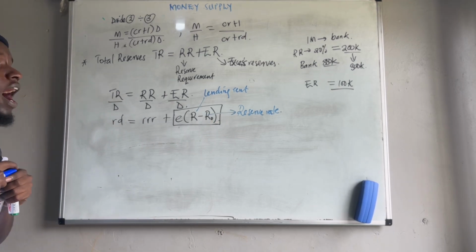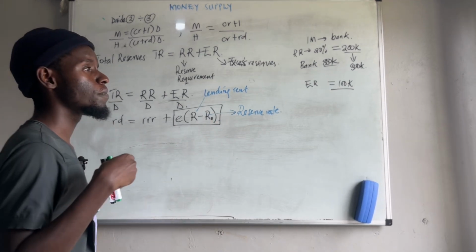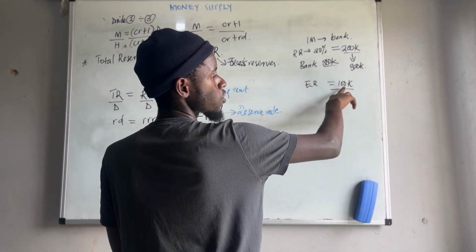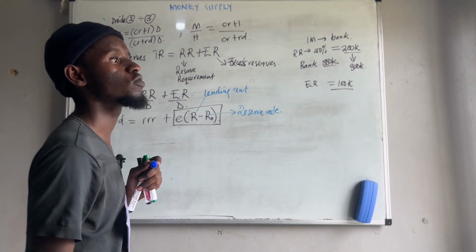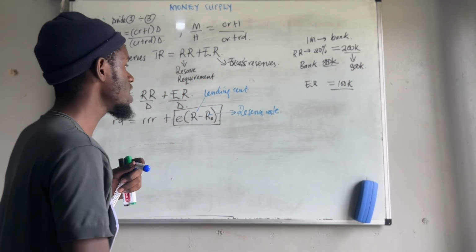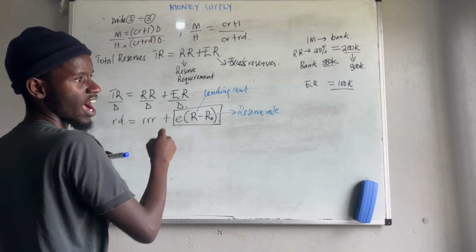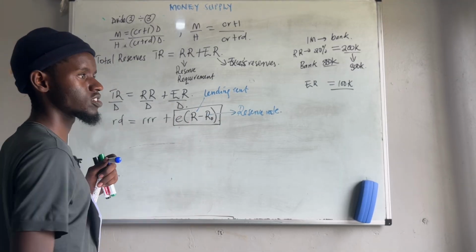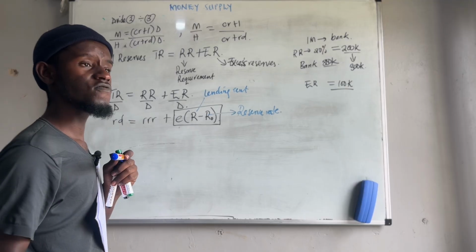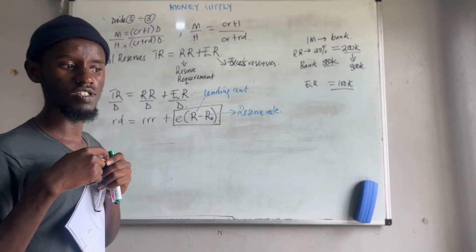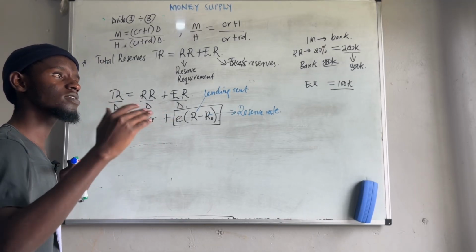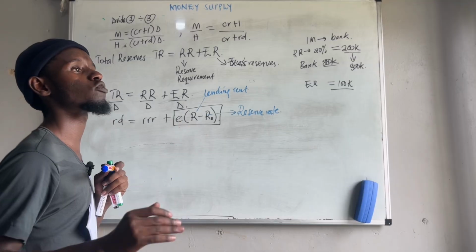In order for me to keep the extra amount of money with the commercial bank, it means I have a lot of money with me. Now, if the lending rate is high, what will happen to our excess reserves? Remember, the lending rate is high means a commercial bank is making a lot of profits by lending out the money.